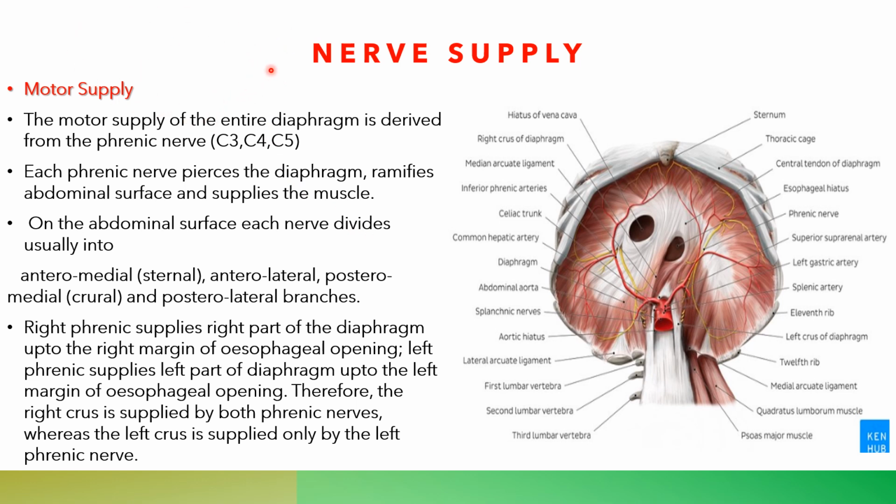So dear students, we have completed the major and minor openings. Before going into the nerve supply, I want answers from roll number 2 Shravanti, roll number 72 Meghraj, roll number 133 Ajay, and roll number 124 Shivani.